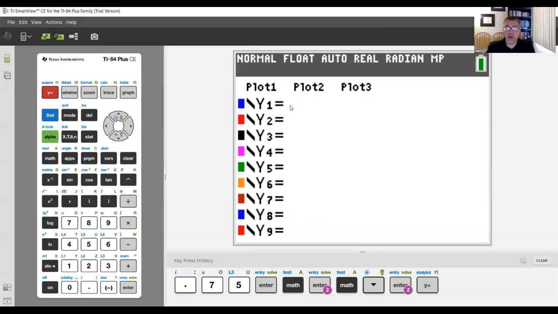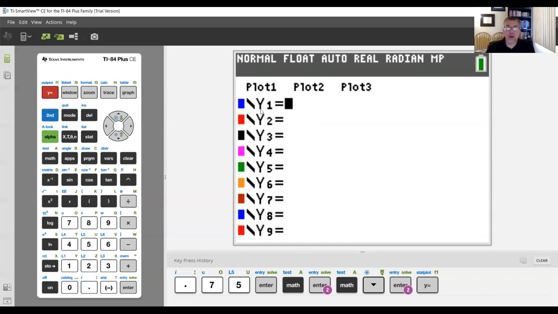The y equals button will bring up a listing of potential graphs that I can plot. The y1 equals is what I'm going to be working with, and I want to graph a quadratic, which is a parabola, a kind of U-shaped graph.